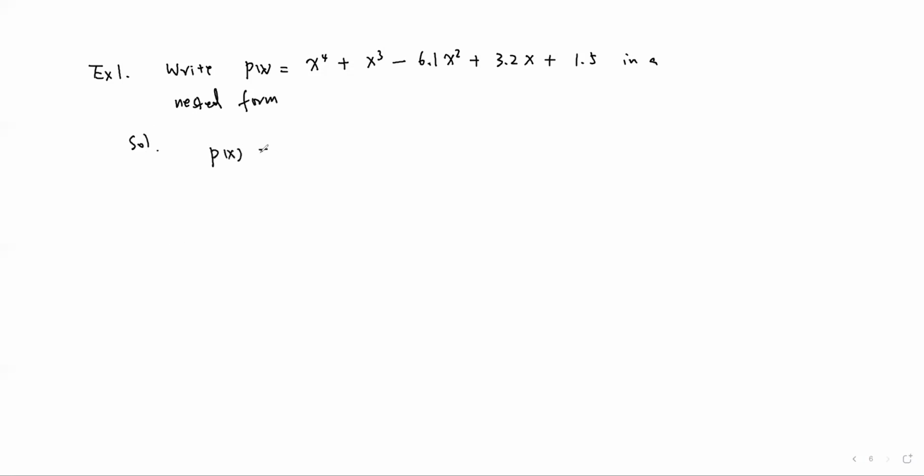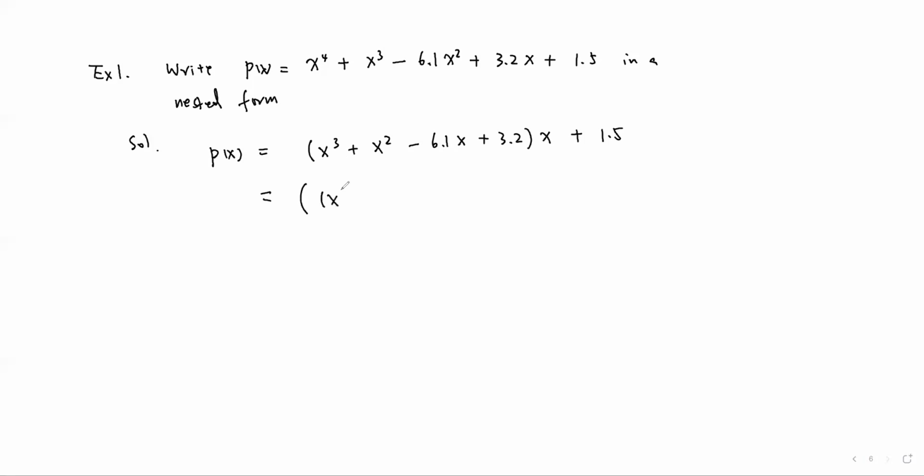P is, how many terms? 5 terms. Now consider the first 4 terms. Take out x, times x plus 1.5. Within the parentheses, consider the first 3 terms and take x out.